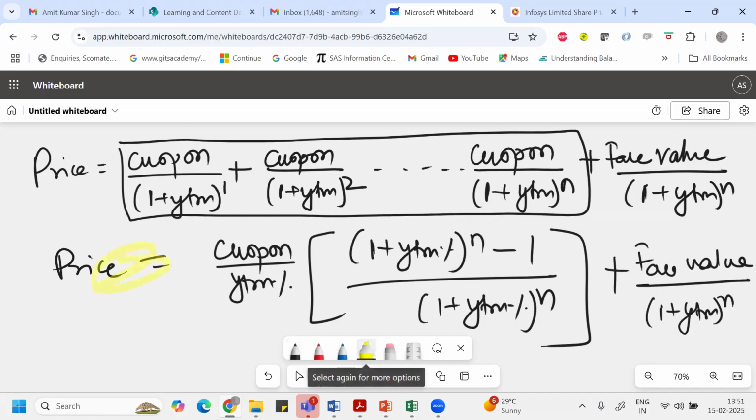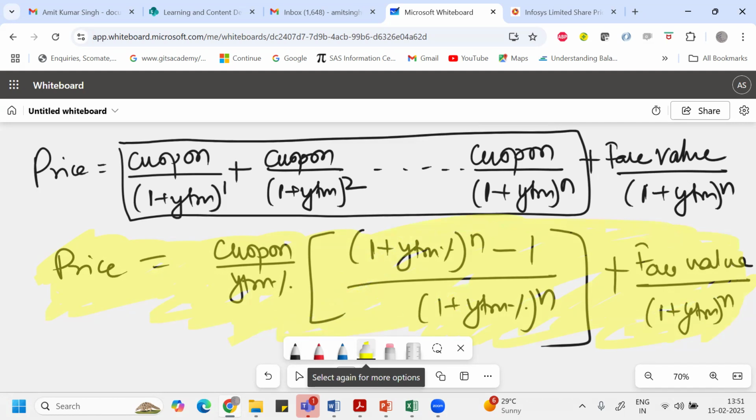This is the formula you can use when you are using the yield till maturity approach. This will simplify your calculation, and it will become much easier.